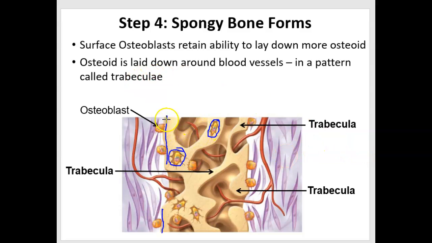But the osteoblasts that can still lay down soft matrix are on the periphery, and they continue to lay down more osteoid around the blood vessels that are forming. And so we get kind of an inner lattice work pattern of trabeculae of bone. So this is a trabecula, this is a trabecula, this is a trabecula.